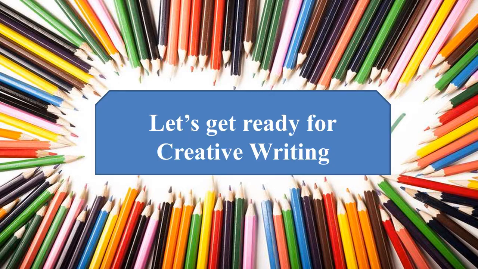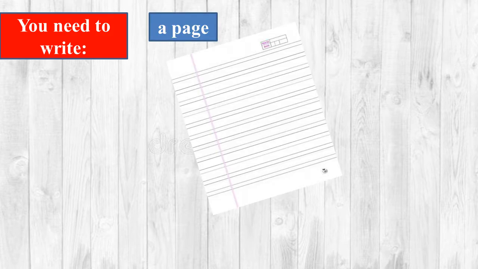Okay, let's get ready for creative writing. So let's start. For creative writing, you need something. So take out your bag, sit properly. I'm going to tell you what you are going to take out from your bag. First, take out a page or your notebook.